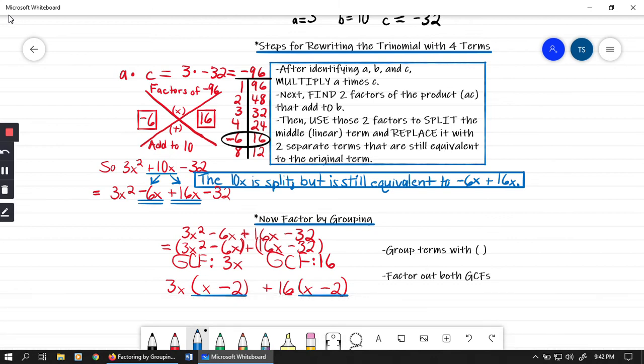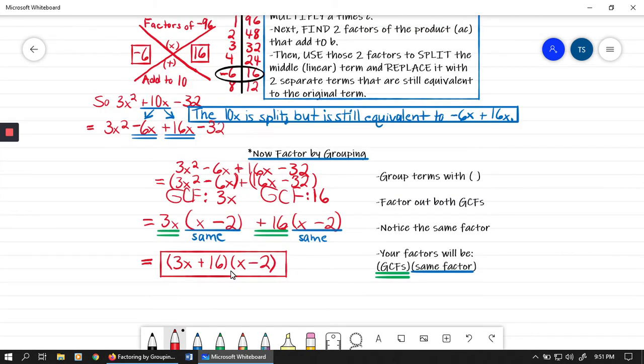So again, after you realize that you've got that same factor, what you want to do is actually write out your final factors. You're going to use the GCFs that were already there. So the 3x and the 16, that's going to be a part of one factor, and then the other factor is going to have x minus 2 in it.